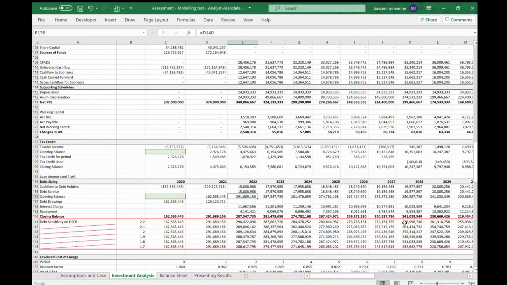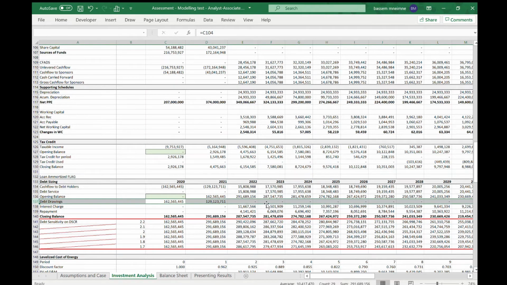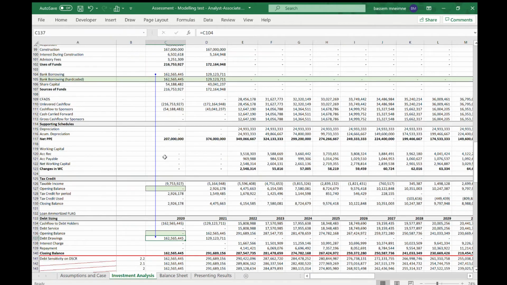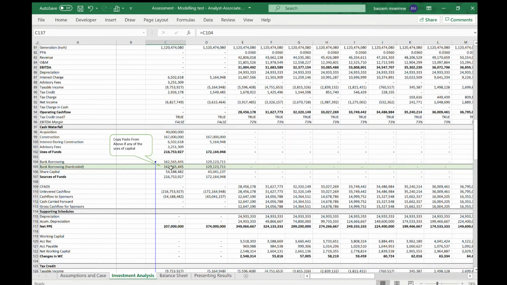And assuming my opening balance for the loan, first I start with 0, and for the first year I need to get the debt drawn from the sheet where I calculated how much my bank loan is.